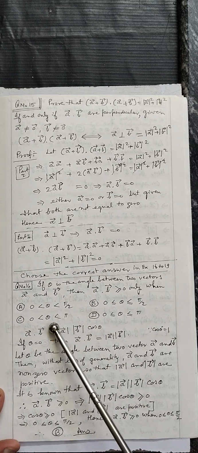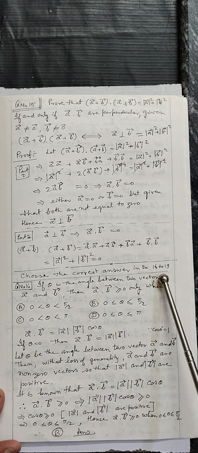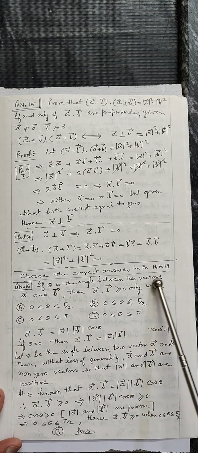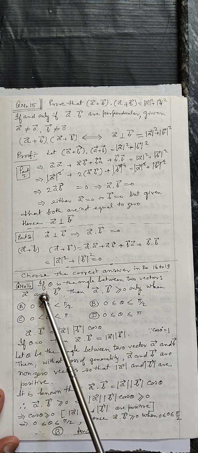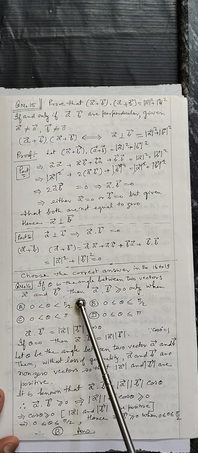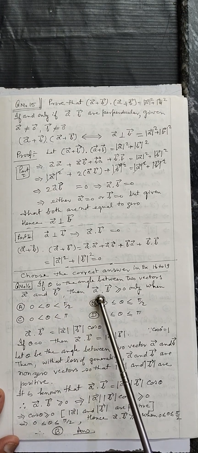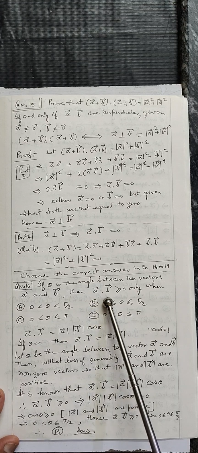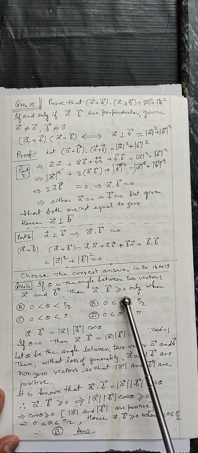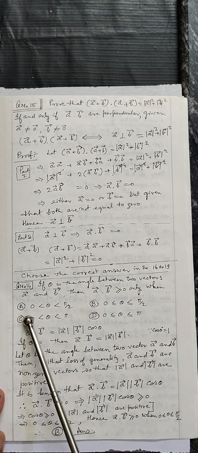Now come to question number 16. Choose the correct answer in exercises 16 to 19. If theta is the angle between the two vectors A and B, then vector A dot vector B is greater than or equal to 0 only when the options are like this.